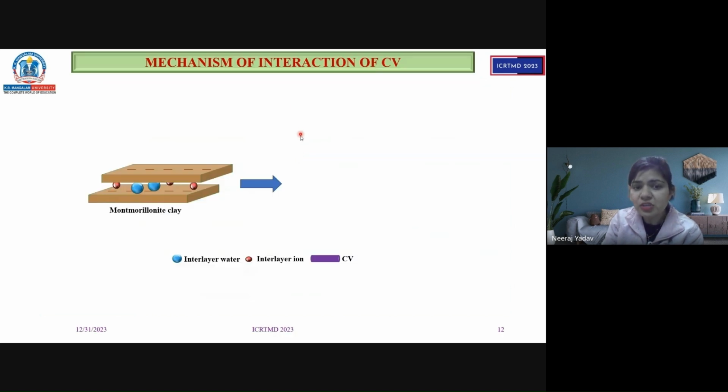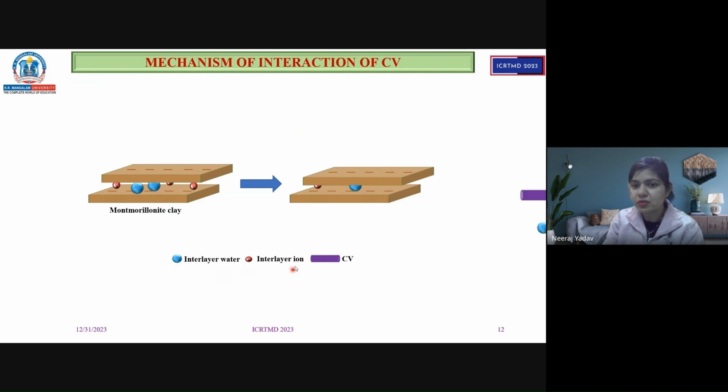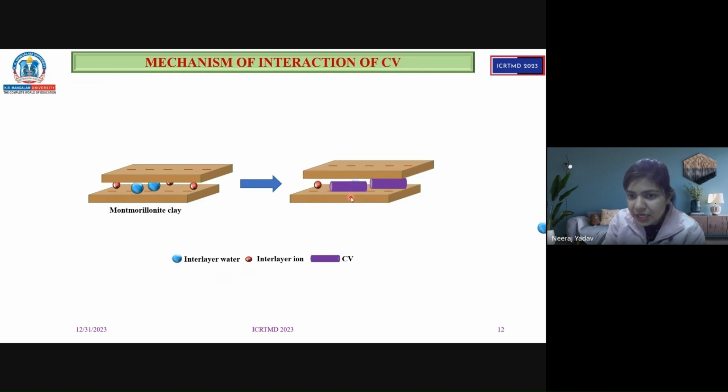So this is the possible interaction in the case of the crystal violet dye: the crystal violet dye can be present in the interlayer of the clay minerals, and also on the surface of the clay minerals, which is only possible through the electrostatic interaction.